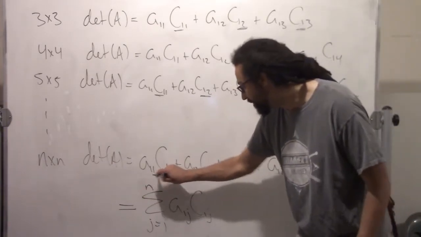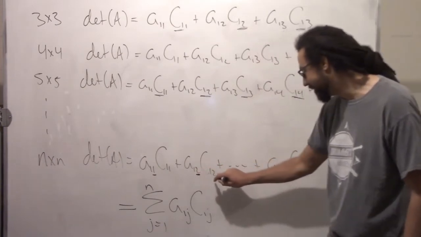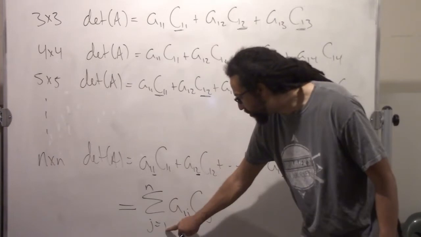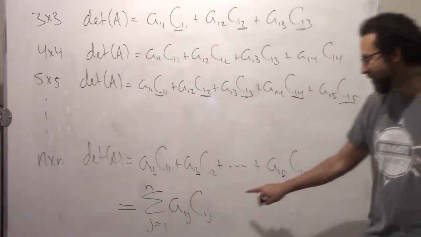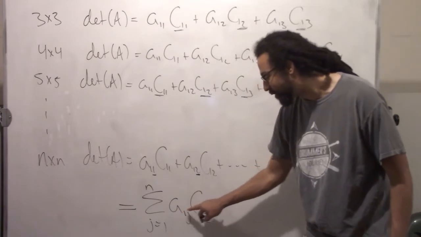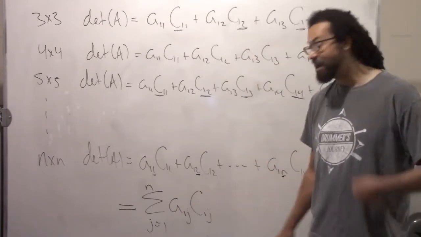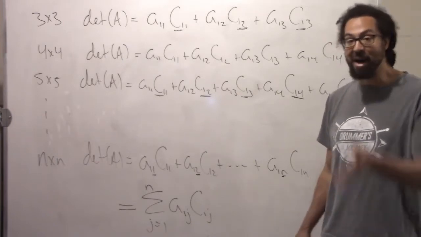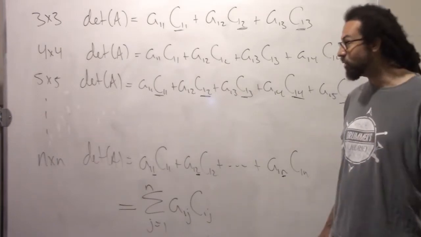What's moving? J, the column J is what's moving. So we start J equals 1 and stop at J equals n. Make sure to multiply all of the stuff in the first row by the appropriate cofactor. How do you find the cofactor? It's that minor determinant gotten by striking out an appropriate row and or column.